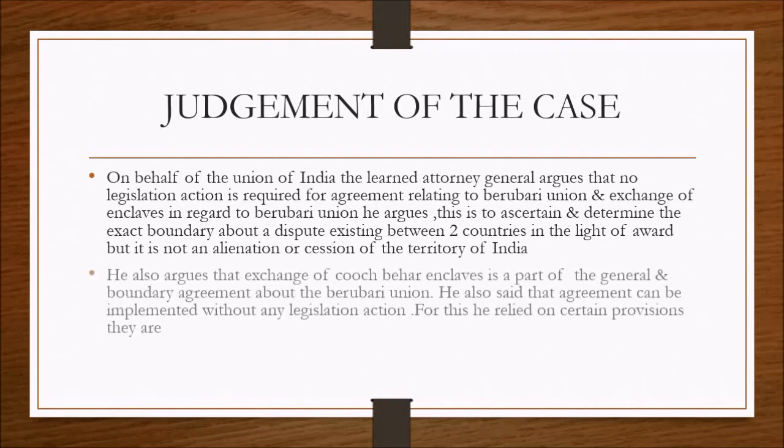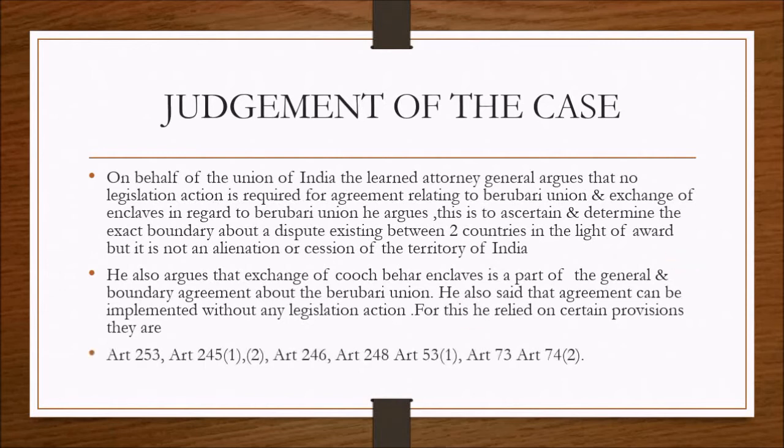He also argues that exchange of Cooch Behar enclaves is a part of the general boundary agreement about the Berubari Union. He also said that the agreement can be implemented without any legislative action. For this, he relied on certain provisions. They are Article 253, Article 245, Article 246, Article 248, Articles 51, 73 and 74.